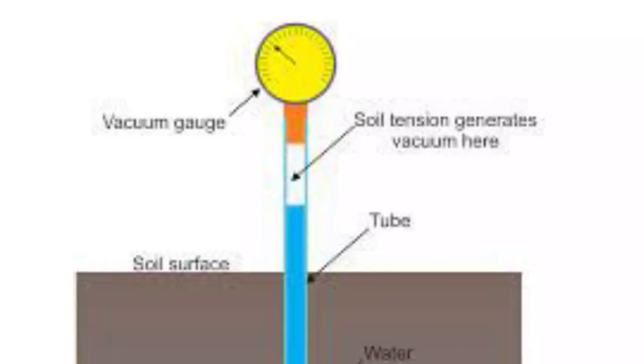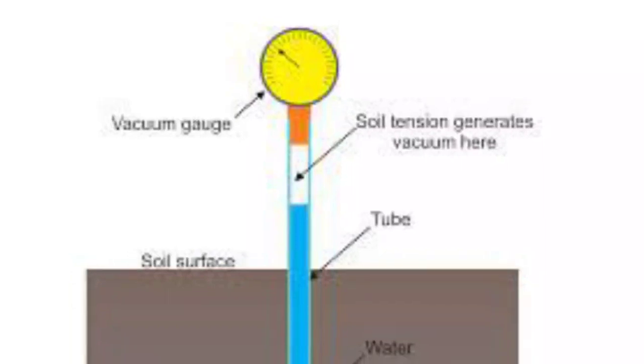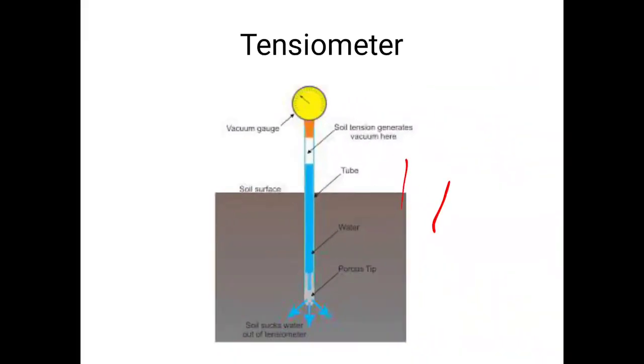It is suitable for sandy soils, but not suitable for clay soil. The reason is that in sandy soil the tension is less, and in clay soil the soil moisture tension is more. That is why it will not work in clay soil, but it can work in sandy soil. So this is about the tensiometer, the first instrument that we can use to measure soil moisture tension.